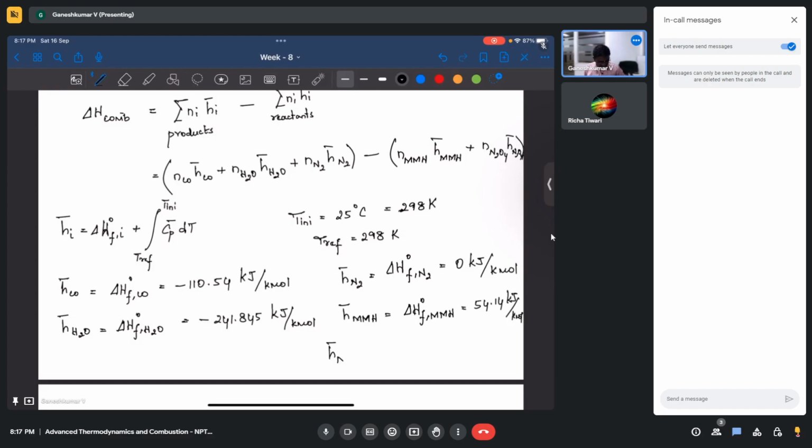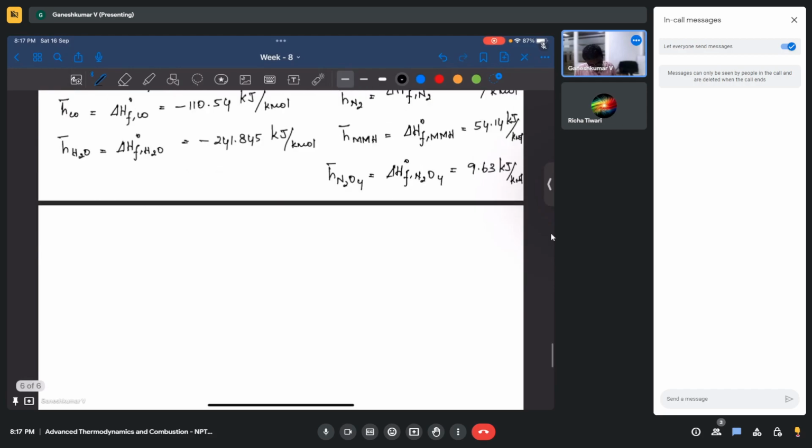H bar of N2O4 we would have 9.63 kilojoules per kilomole. Now we just need to substitute in this formula to get it. So let me write it down.